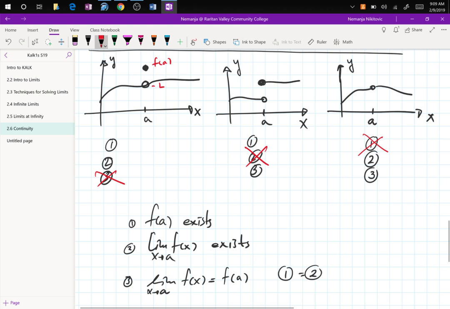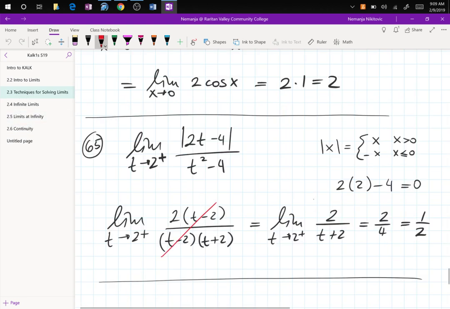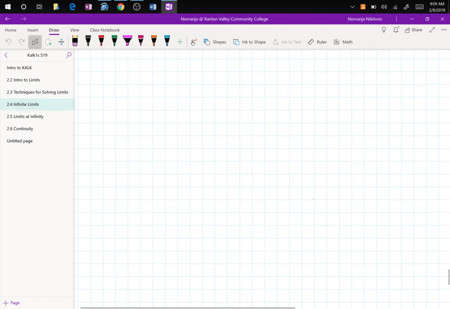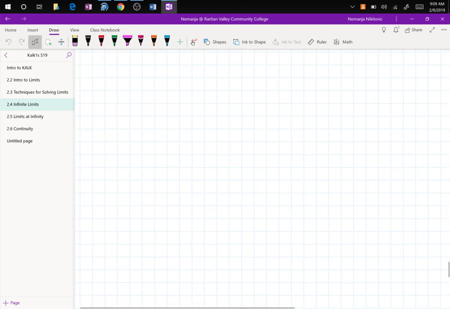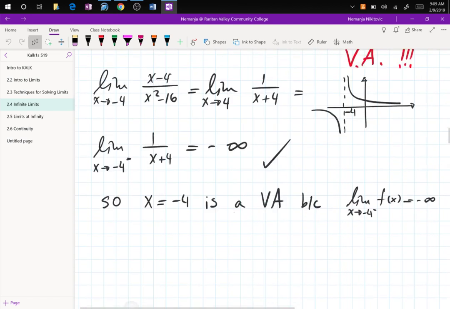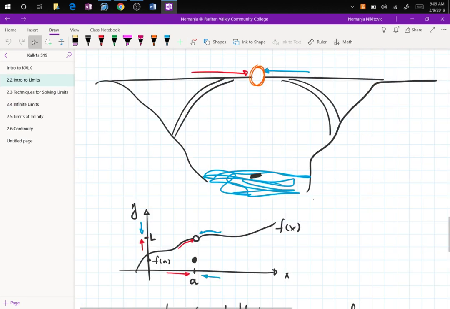So now, if we go back to that bridge problem we talked about earlier, where was the bridge? Oh, there it is. You see that the bridge problem clearly is discontinuous. You do not want to drive on this bridge because it's not a continuous function.